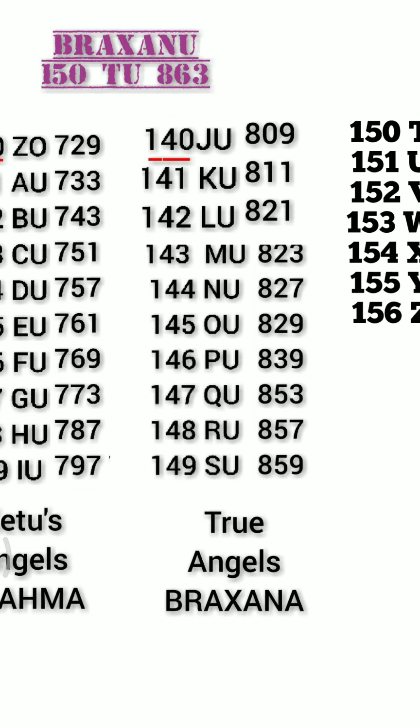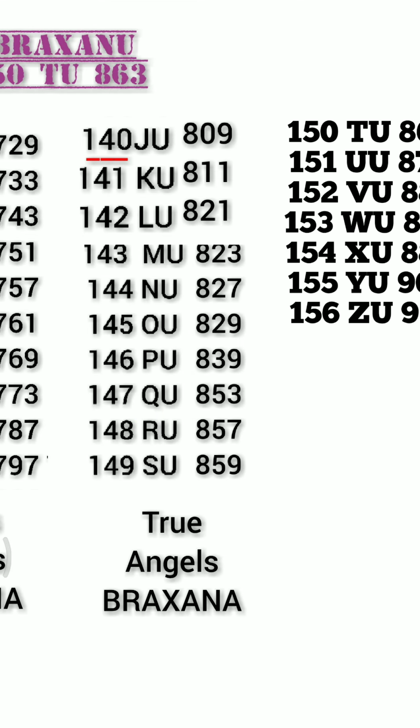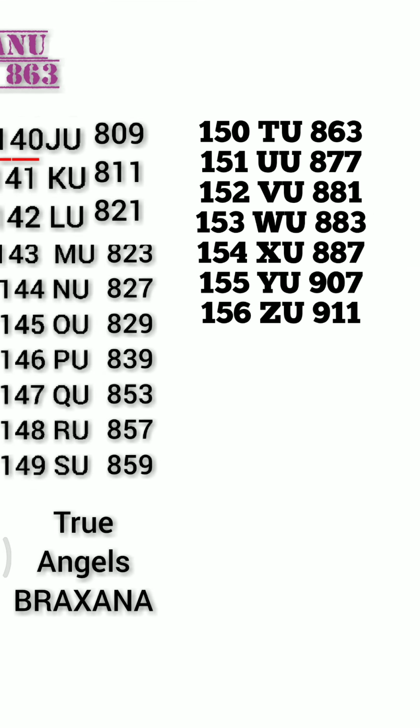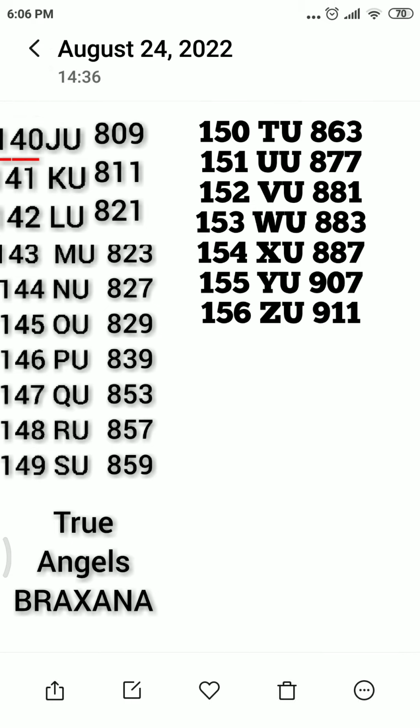So here, if we follow the same logic, the 156th serial number, I mean the prime number, 156th prime number is 911. Okay, so what is the letter representing 911?